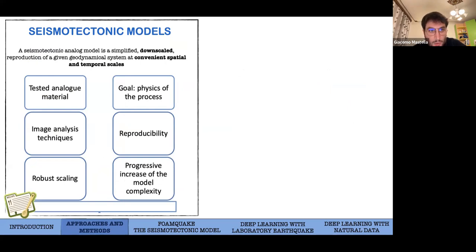So when we are working with a seismotectonic analog model, we are working with a model that is composed not of natural rocks, but of analog materials. Analog materials can reproduce the first order characteristics of natural materials in a downscaled fashion. They are scaled, for example, in terms of rheological, frictional, and geometrical properties.